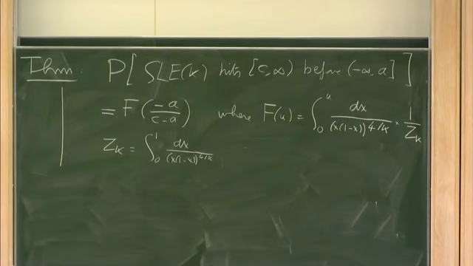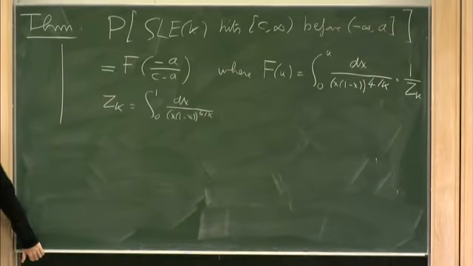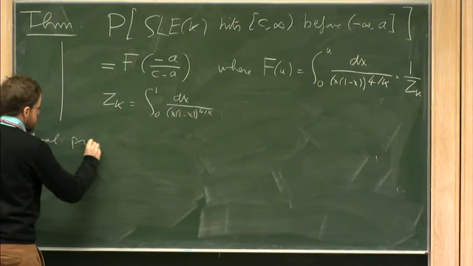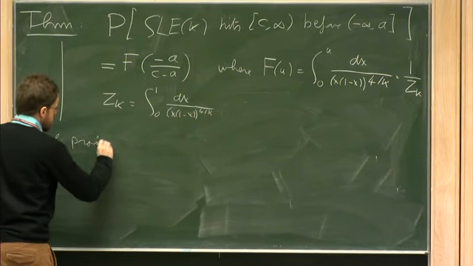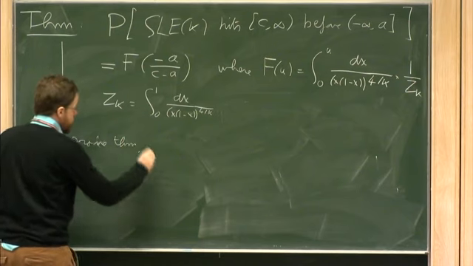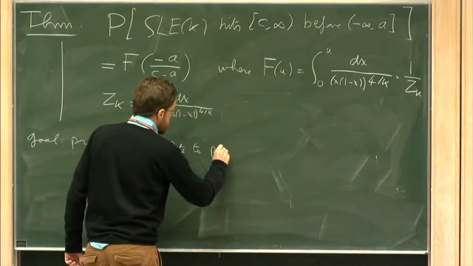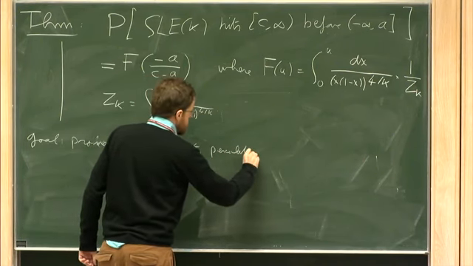So that's the statement, and the goal is first to show that this statement is true and to relate. So the goal is to prove the theorem and to relate to the percolation result.